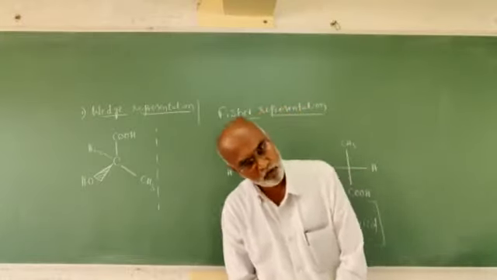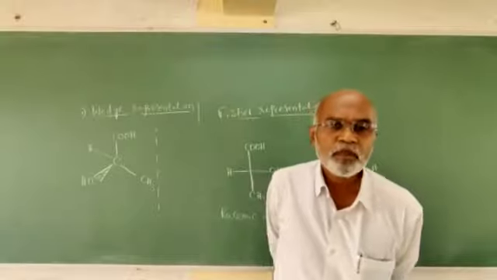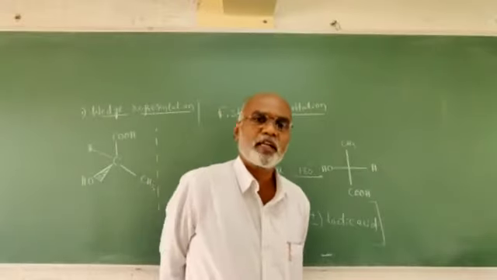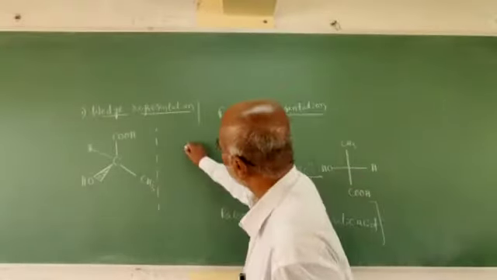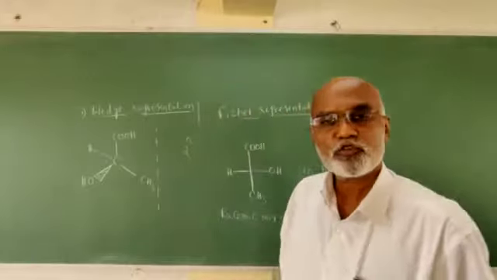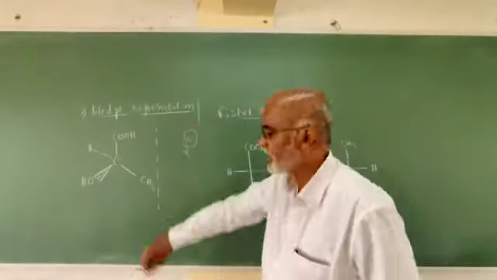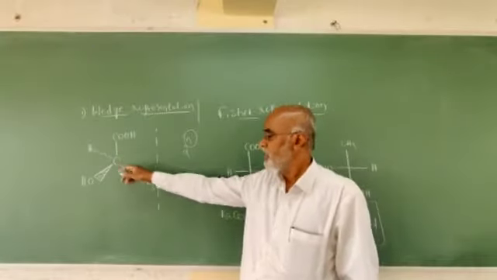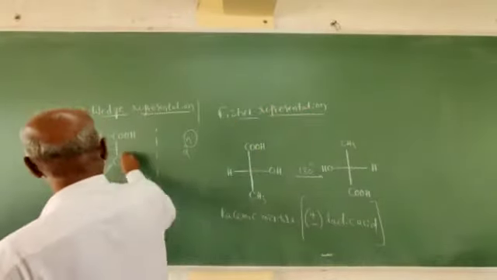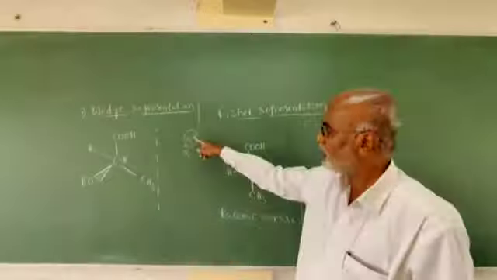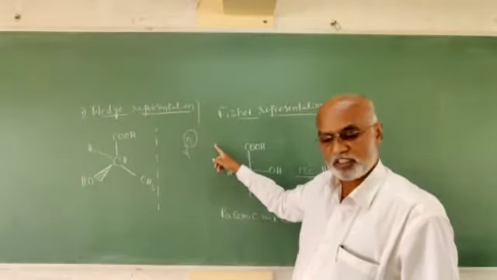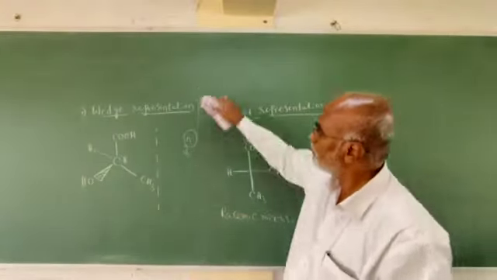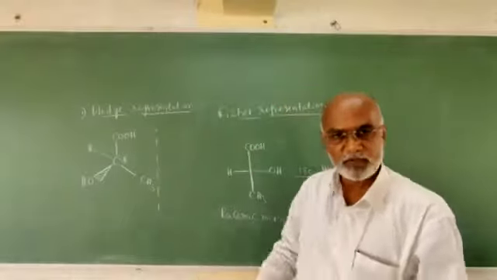According to Van 't Hoff rule, the number of possible isomers for a given molecule is given by a simple relation, 2 to the power of n, where n is the number of chiral carbon atoms. For your lactic acid, there is only one chiral carbon atom. Therefore, the value of n is 1, so 2 to the power of 1 is equal to 2. So for a given molecule, 2 isomers are possible.